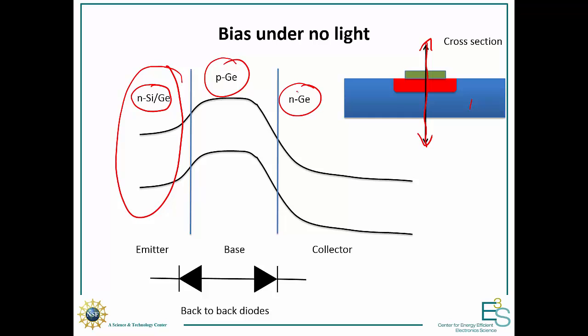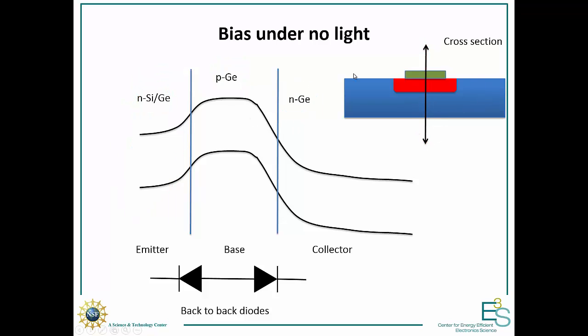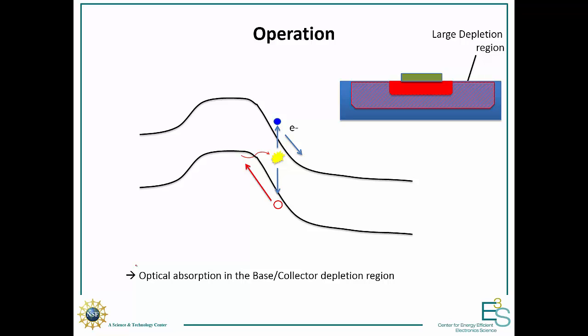So what you have under no bias is just two back-to-back diodes. So no current can flow through them. So how is this going to amplify our light? Well, for starters, between the base and the collector, you've got a large depletion region. That's drawn here.